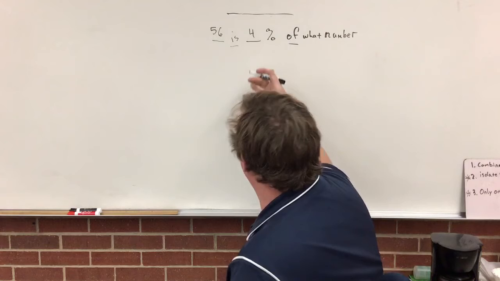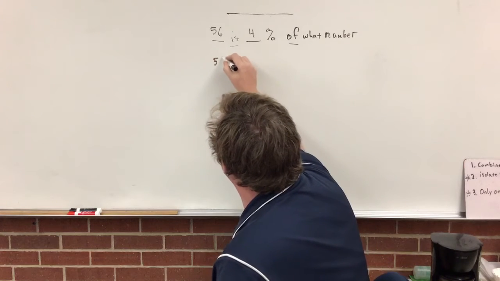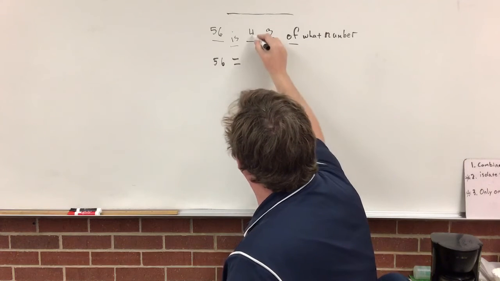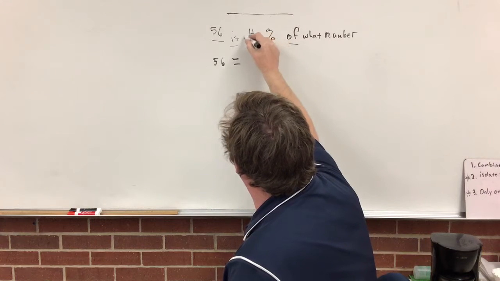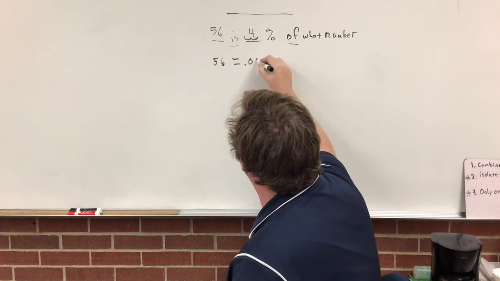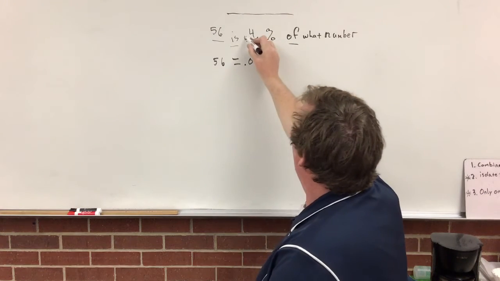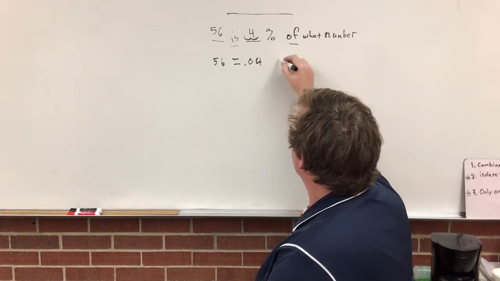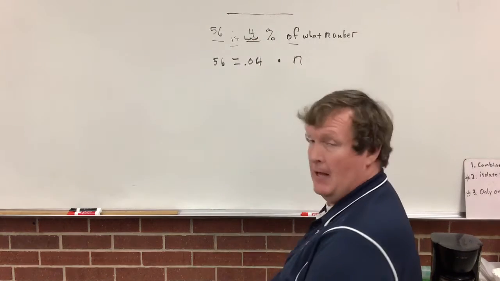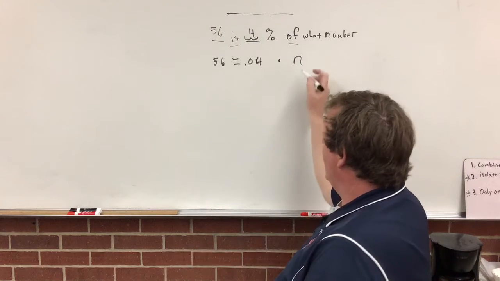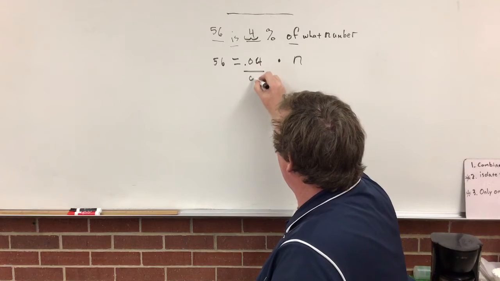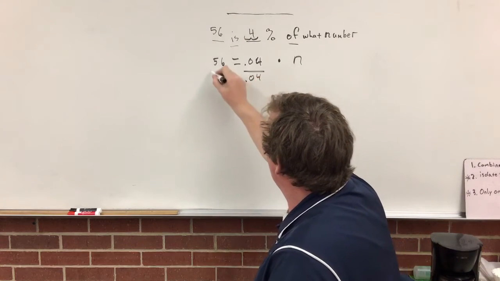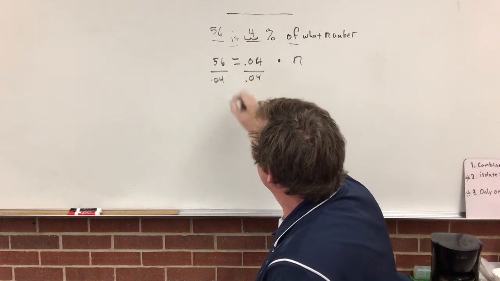Okay, well, let's set it up. 56 equals... Change my percent to a decimal by moving 2 places, 0.04. Notice I had to hold a place there. Times n. Now I isolate n by dividing by 0.04.